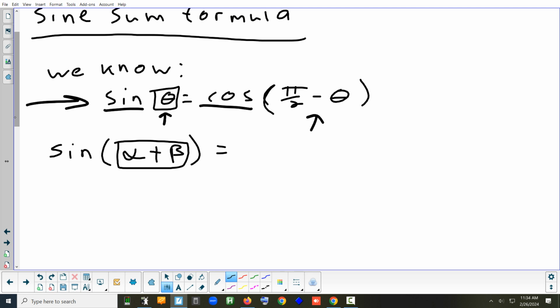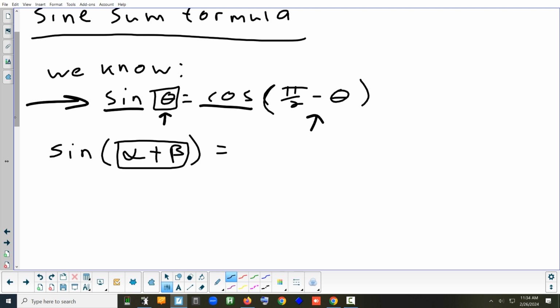If I can, I would like to write alpha plus beta maybe a different way. Anyone have a thought? Can you do sine of alpha minus negative beta? Well, you could.